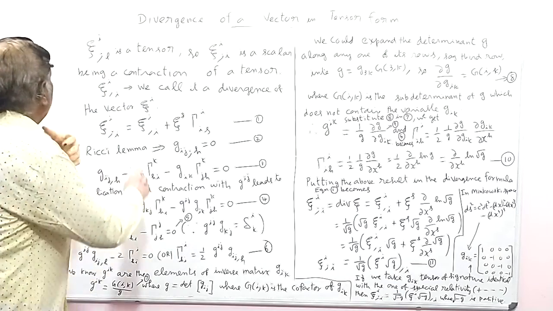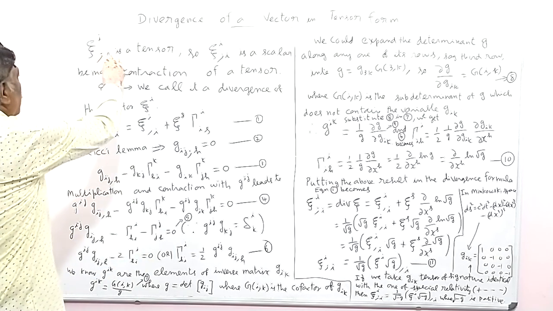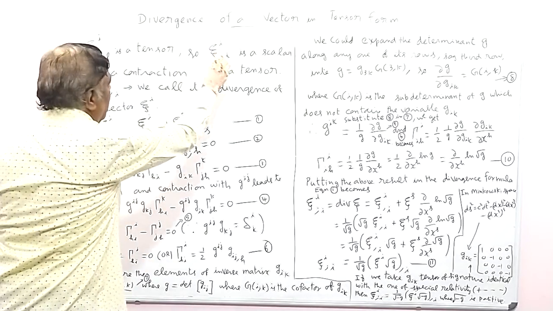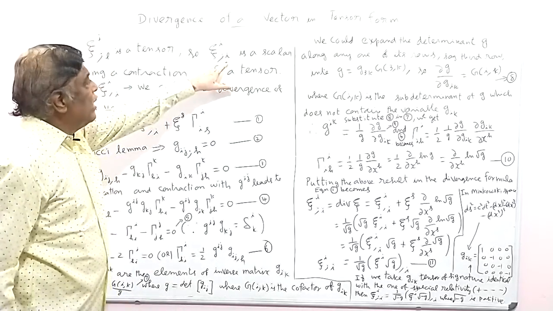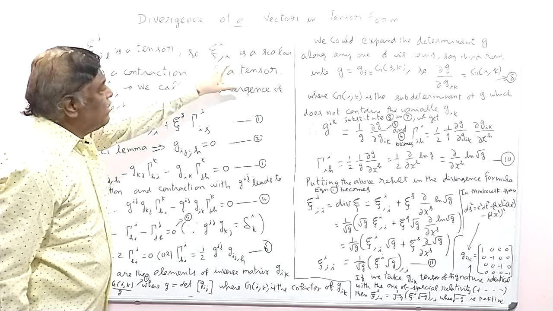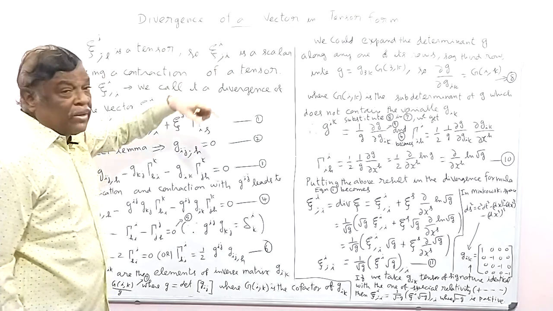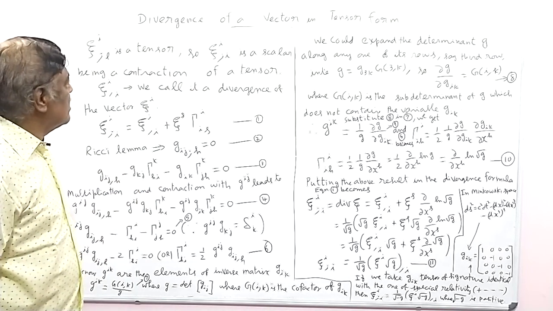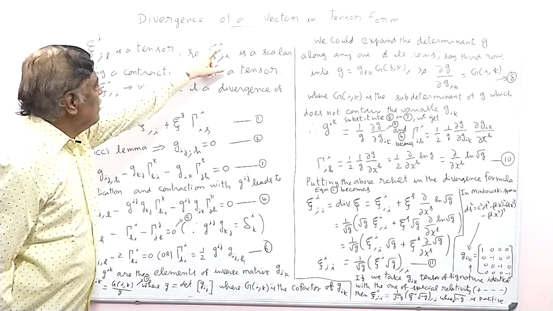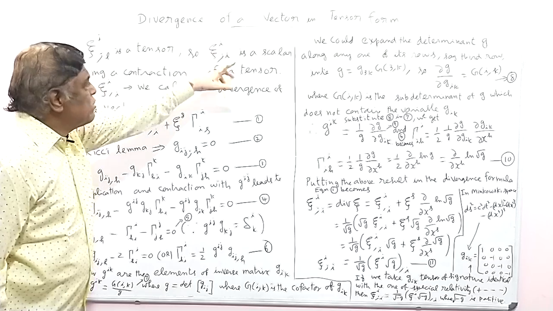So now let us put i is equal to l. Put the same index, so l is equal to i. Now once you put l is equal to i, this is a contraction. Once a contravariant index and the covariant index are made equal, it means it's a contraction. Now during contraction it becomes a scalar.